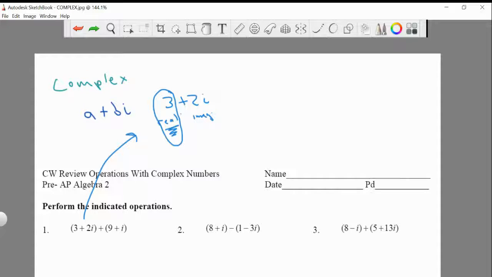Another thing about complex numbers is that technically every number could be written as a complex number, okay? And so, for example, if I wanted to write the number 7 as a complex number, I would just write 7 plus 0i, right? 7 is real, nothing is imaginary, and so technically this is a complex number in complex form.